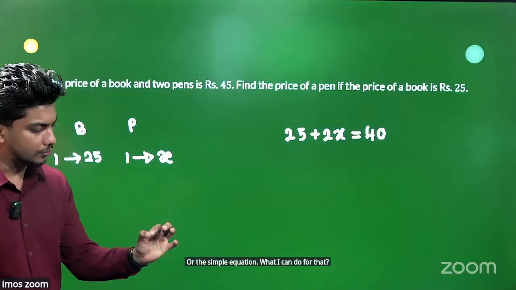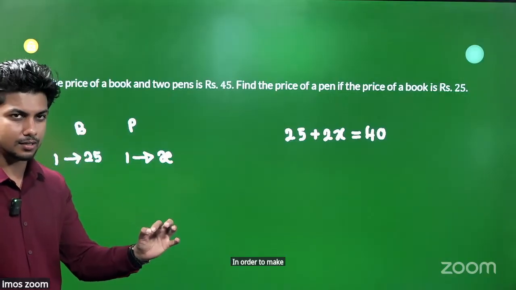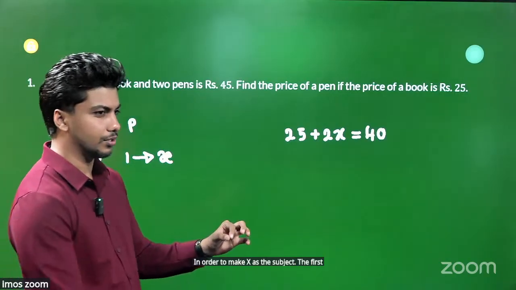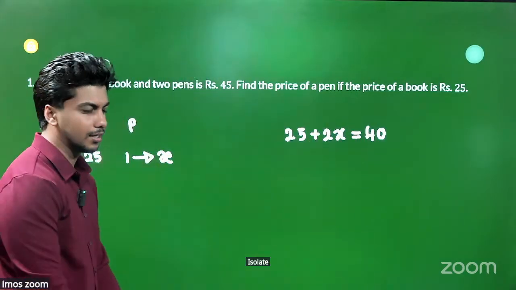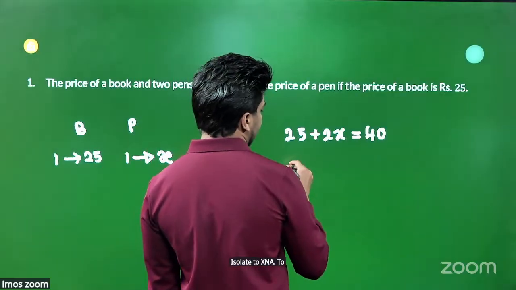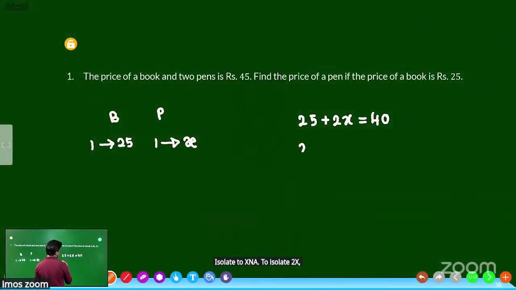In order to make X the subject, the first thing we have to do is isolate 2X. To isolate 2X, this 25 is a disturbance. Because of that, I subtract 25 from this side.